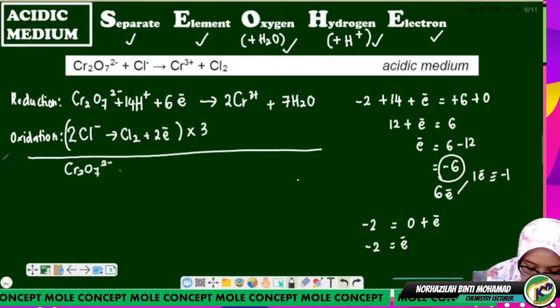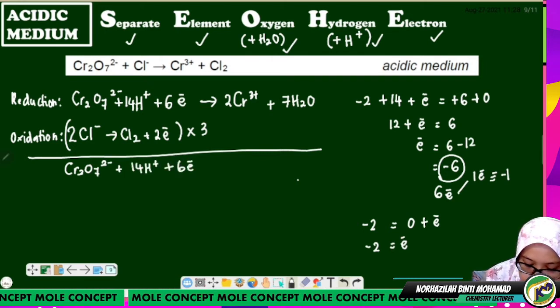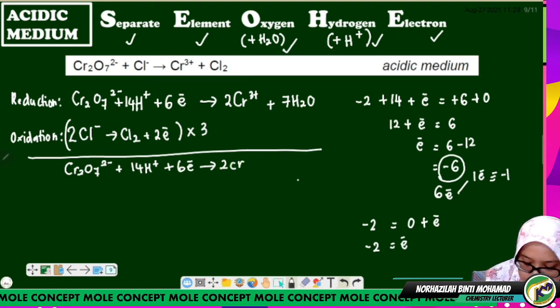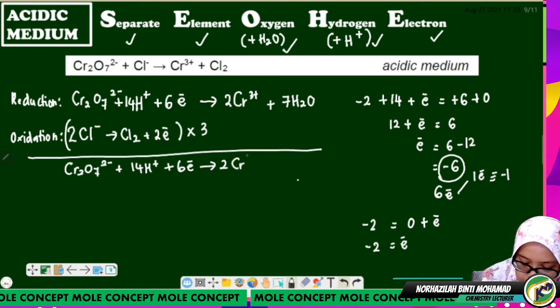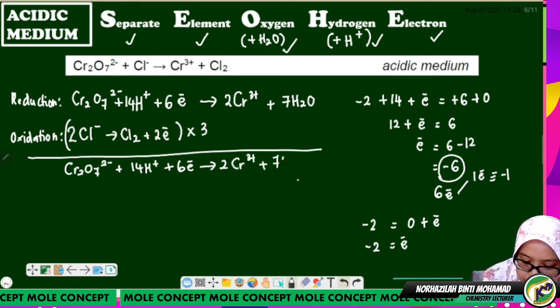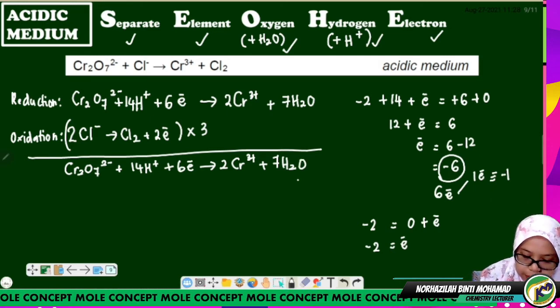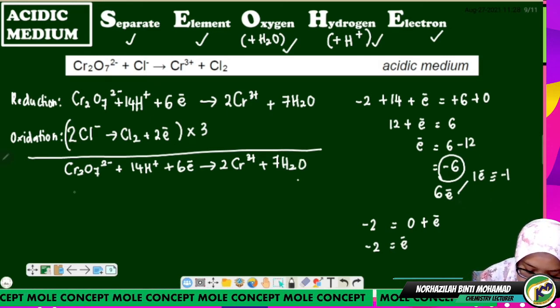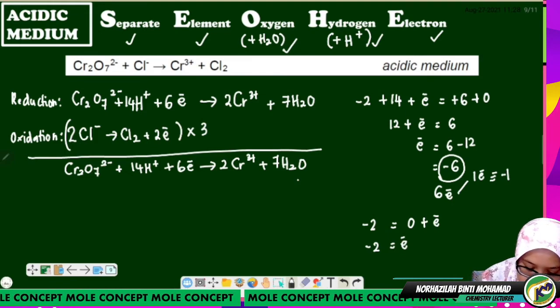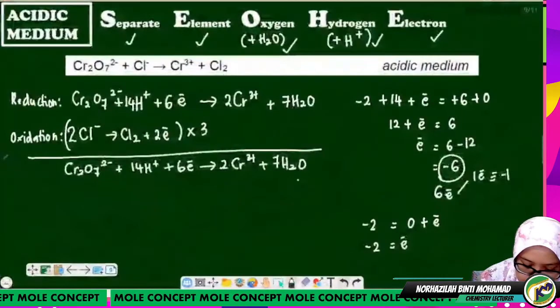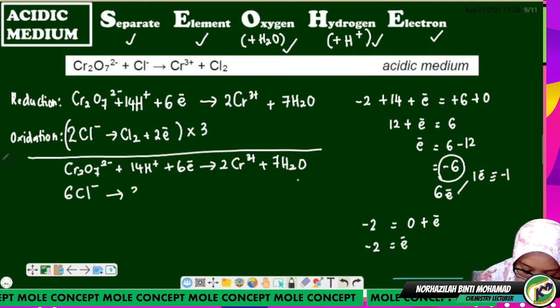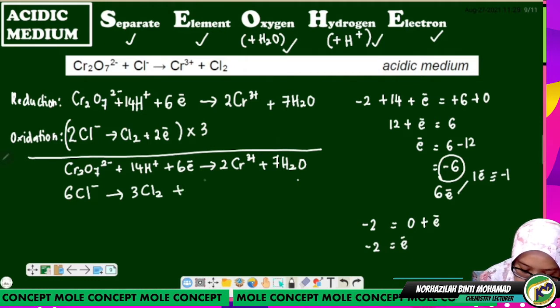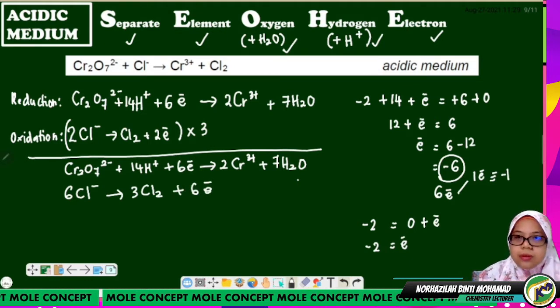So what I get is Cr2O7 2 minus plus 14 H plus plus 6 electrons produce 2 Cr3 plus plus 7 H2O, and then this one, 2 times 3 becomes 6 Cl minus produce 3 Cl2 plus 6 electrons.